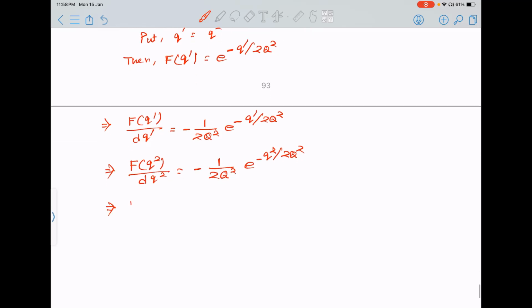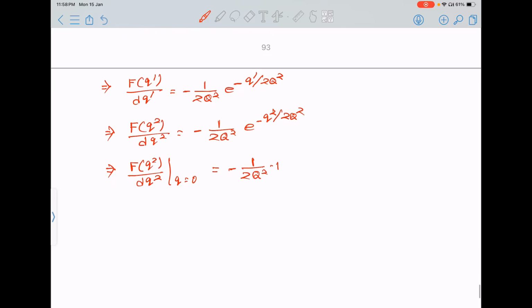So the value of this first order derivative about q equal to 0 is minus 1/(2Q²) times 1. So it is minus 1/(2Q²). So the expectation value of r² is minus 6 times this value, which is minus 1/(2Q²), and this will give me 3/Q².